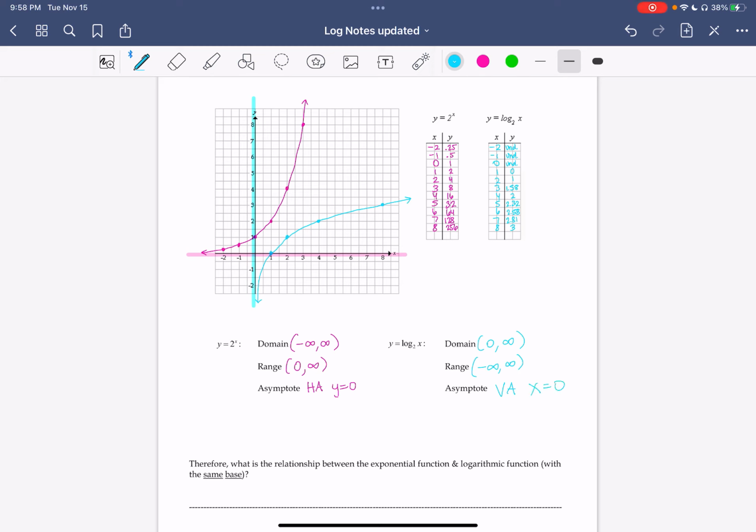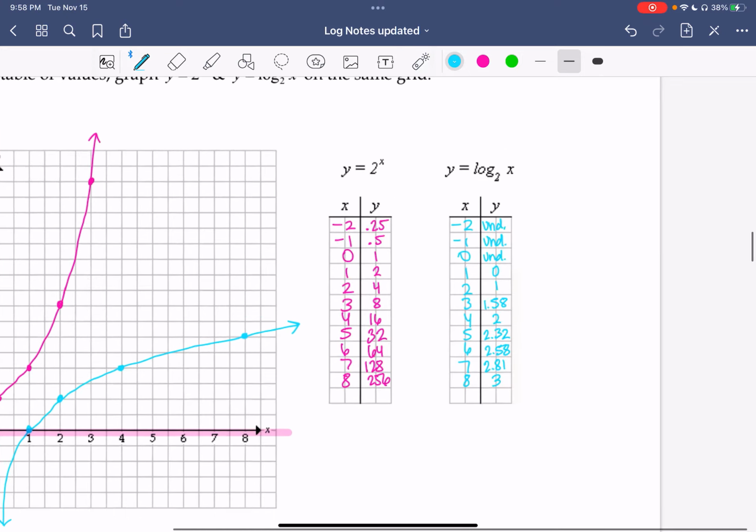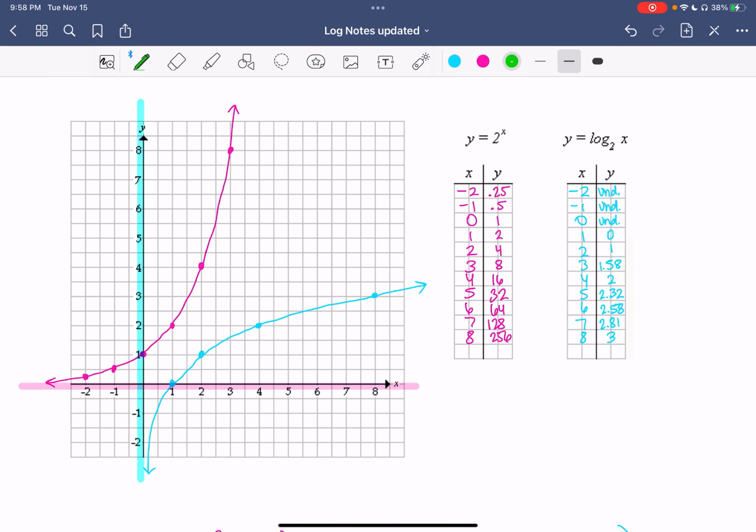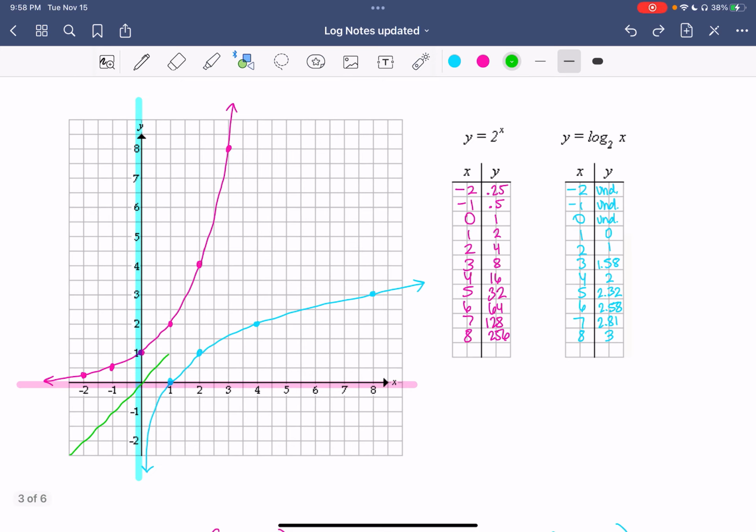Okay, so the final question is, therefore, what is the relationship between the exponential function and the logarithmic function with the same base? Okay, so we can analyze the graph. If you remember from inverses, inverse functions reflect across the line y equals x, which, hold on, I'm trying to make it perfect.